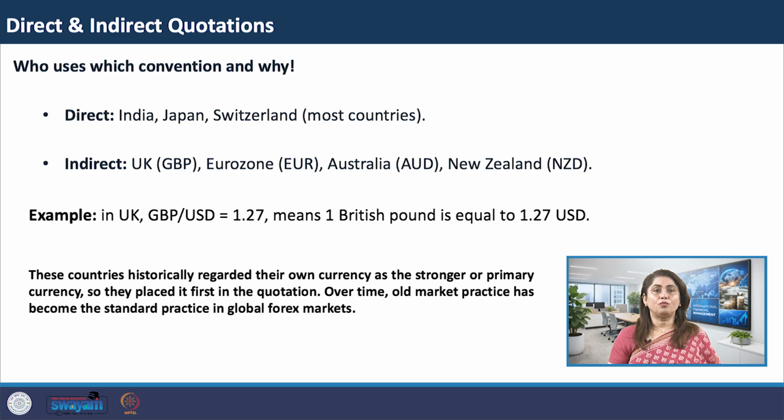This means 1 British pound equals 1.27 US dollars. These countries historically viewed their own currency as stronger or primary currency, so they prefer to place it first in the quotation. Old market practice has become a standard practice in global forex market.